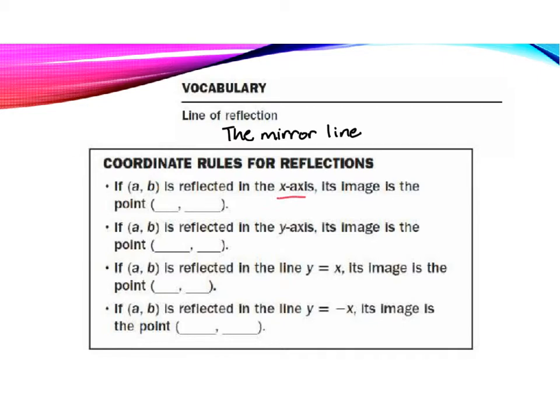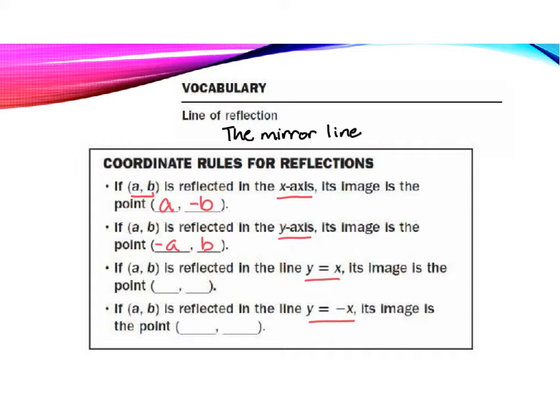We're going to reflect across the x-axis, the y-axis, the line y equals x, and y equals negative x. So follow these rules. If you're reflecting across the x-axis, your point (a, b) becomes the point (a, -b). If you're reflecting across the y-axis, that point (a, b) becomes (-a, b).